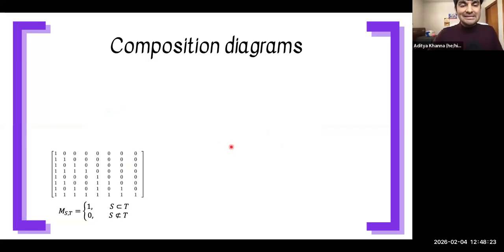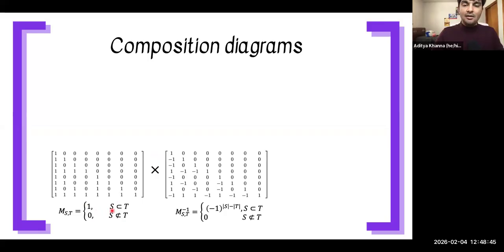Then we also do another application for matrices like this. I have not indexed this, but this is indexed by subsets of size 3. So if S is contained in T, I put 1. If S is not contained in T, I put 0. And the inverse of this has the same locations of the non-zero entries, but the signs are slightly different.